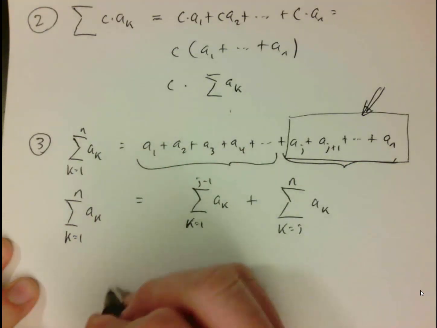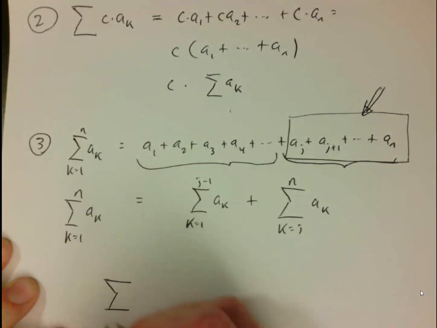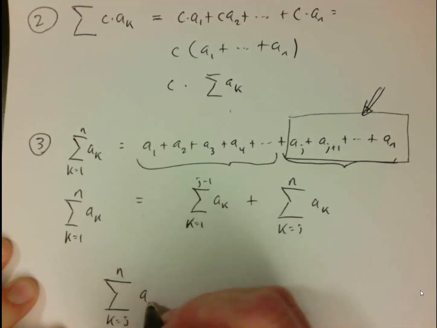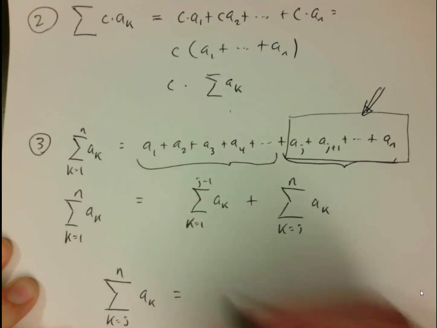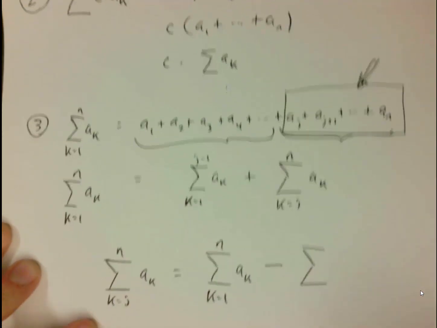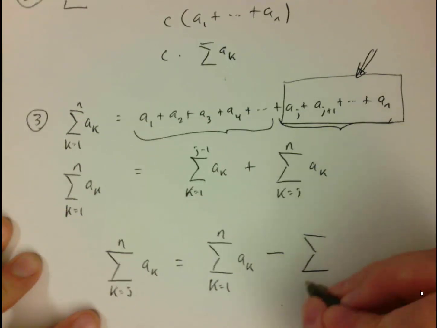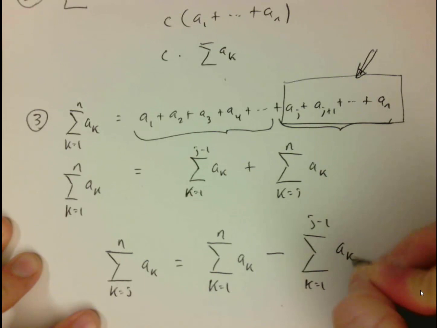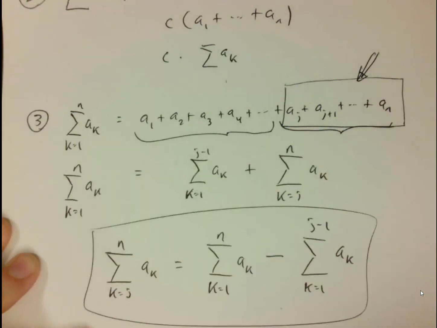So if we're interested in the summation from j to n, then that's equal to the entire summation from 1 to n minus the summation from 1 to j minus 1. And this is the actual useful property.